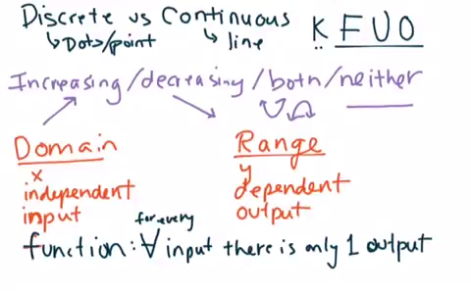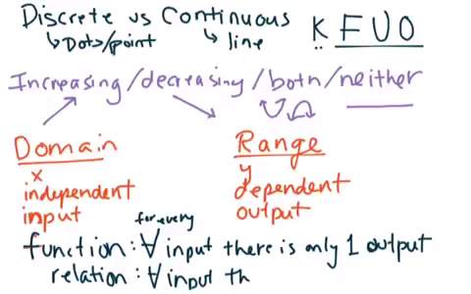That's what a function is. But a relation says for every input, there are outputs. You could have two outputs. It doesn't matter. There's just an output.